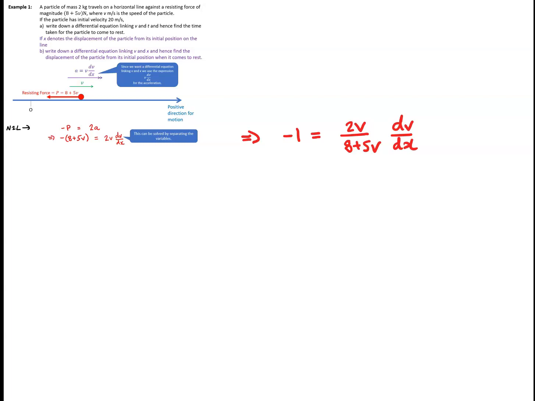So I've got minus 1 is 2v over 8 plus 5v dv by dx. So integrate each side with respect to x, and then realizing that the dv by dx part of it can be replaced by simply an integration with respect to v.